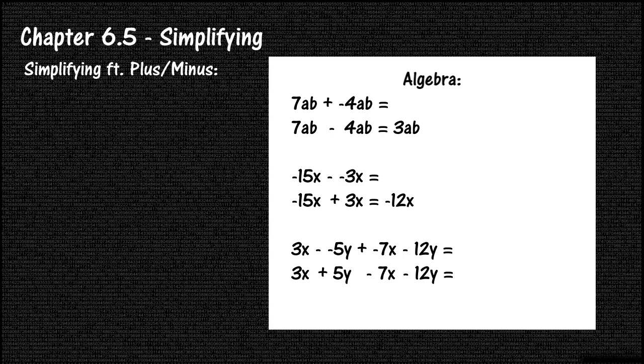This line can be simplified as I see multiple terms of x and y. So 3x minus 7x is equal to minus 4x. And 5y minus 12y is equal to minus 7y, which means our final answer is minus 4x minus 7y.